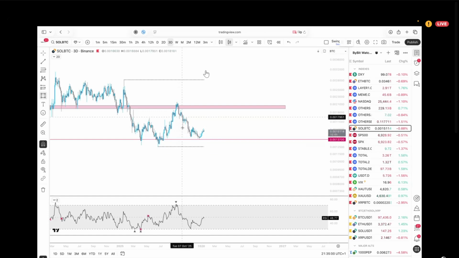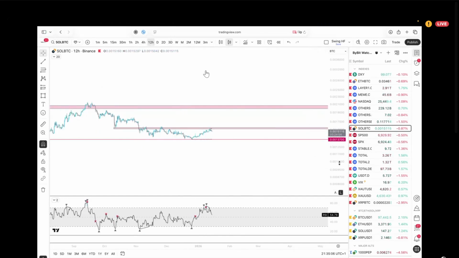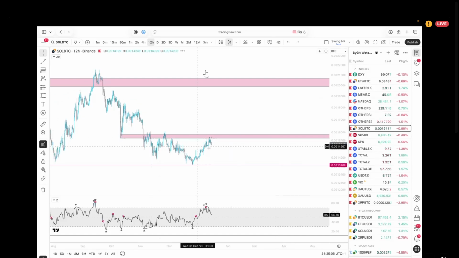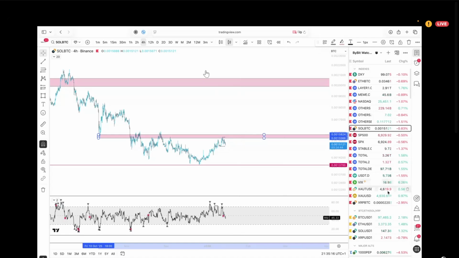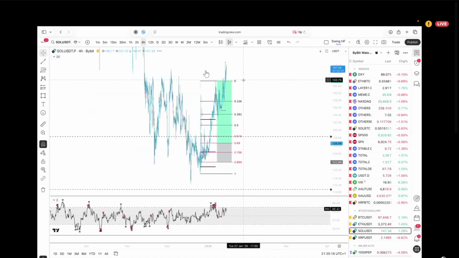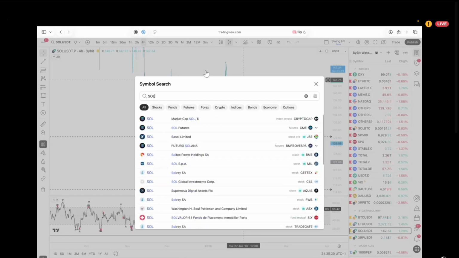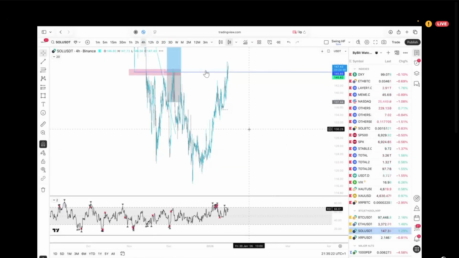If we flip this, it's cool. Okay, so if Solana can flip this little box, we could really consider going along with this setup. Wait, with this setup here.